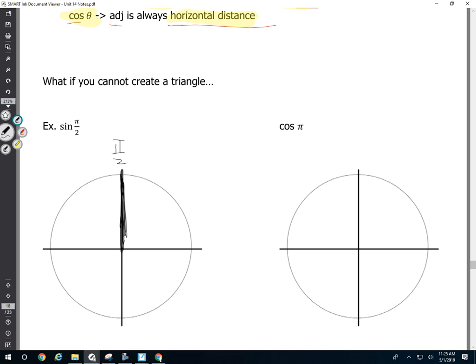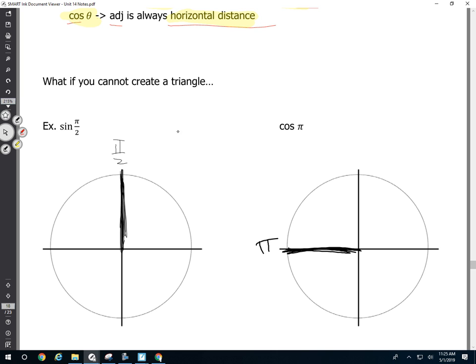Pi over 2, can you draw a triangle with the x-axis at pi over 2? Not really. Pi, can I draw a triangle with the x-axis at pi? Not really. I'm going to, but it's not going to make much sense. Okay? So I'm just going to throw this down there.